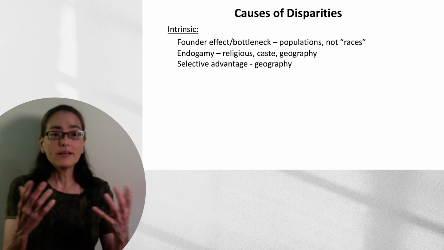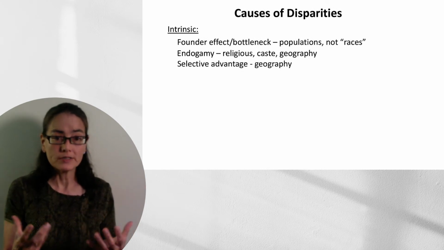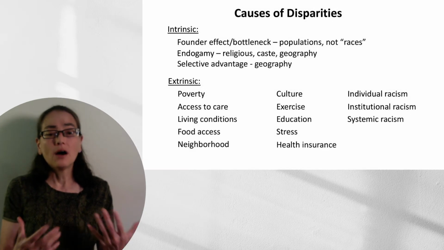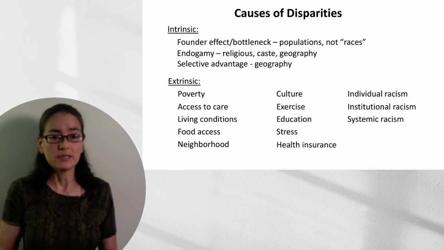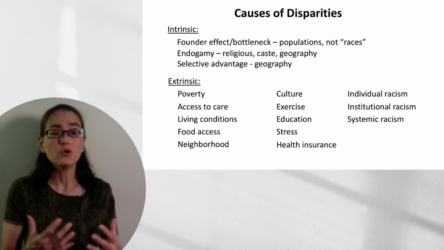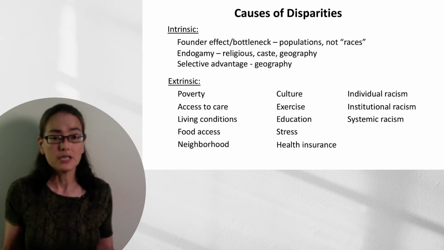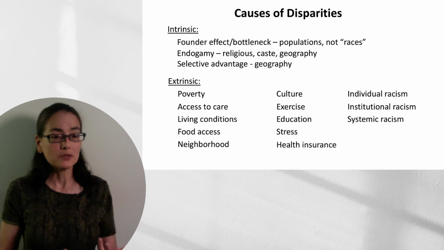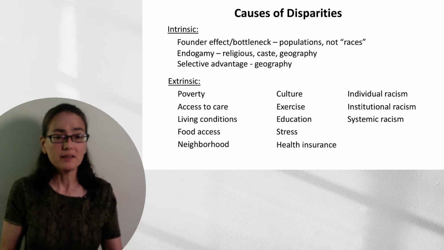All right, so we have these causes of disparities, these intrinsic or genetic categories, right, these causes. But then there are others, and this is not a comprehensive list, right? But these are the extrinsic causes, and these have a huge effect on health, right? Poverty, right? Access to care. A lot of the discussion we have has to do with, does this person have this particular mutation in this breast cancer?